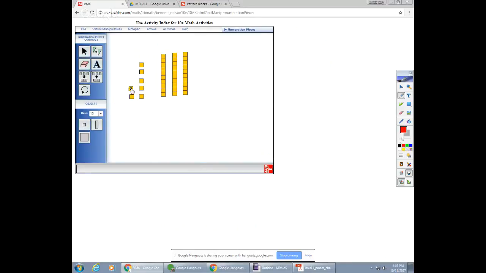And usually when I'm playing with the units in base 10, I put them in groups of 5 because I can pretty much look at a group of 5 and see that it's 5. You with me? Bigger than that, I've got to count them to be sure. So if there's more than 5, I'll put a group of 5 together and then whatever's next to it. So visually, I can recognize it.